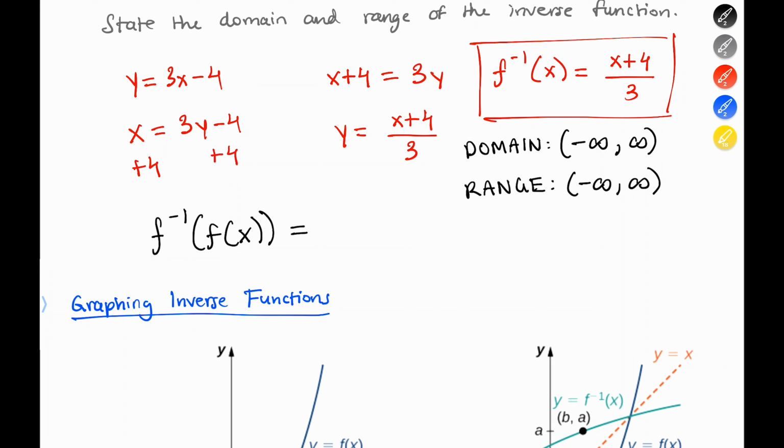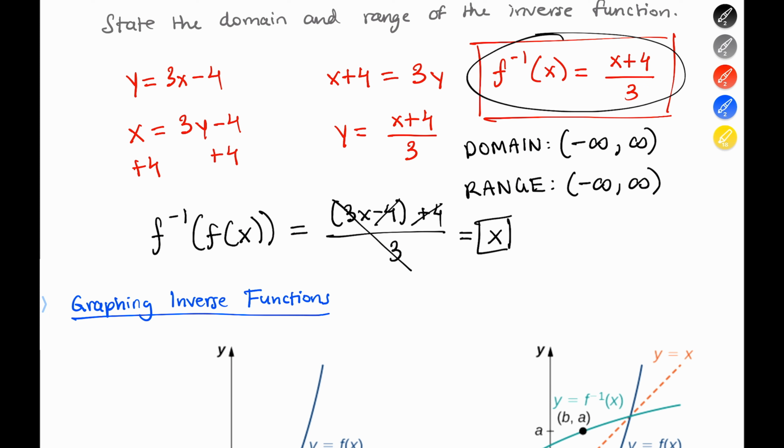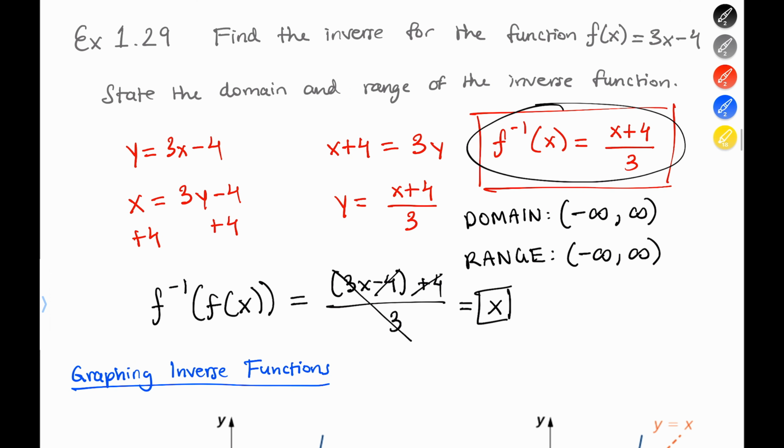So f inverse of f of x is going to be 3x minus 4 plus 4 all over 3. So these 4's are going to cancel out, and then after that these 3's are going to cancel out, and this is going to end up being x. So this proves that this function over here is actually the inverse of our original function.